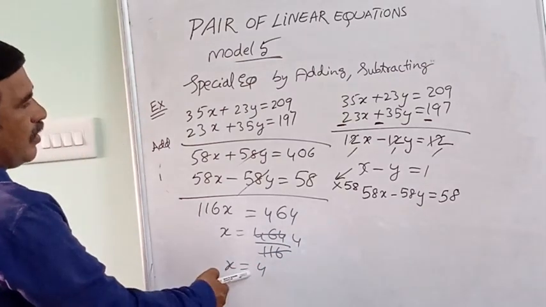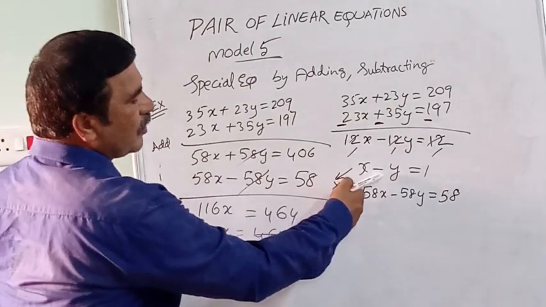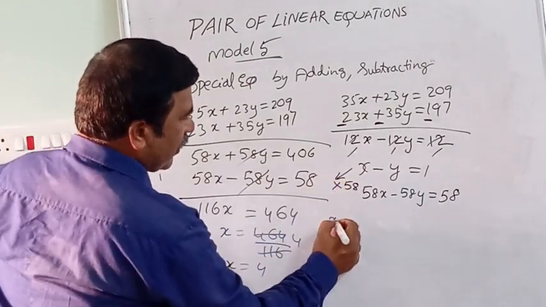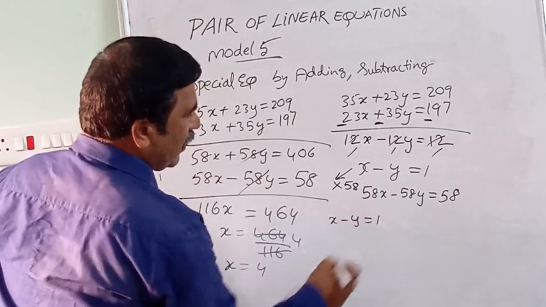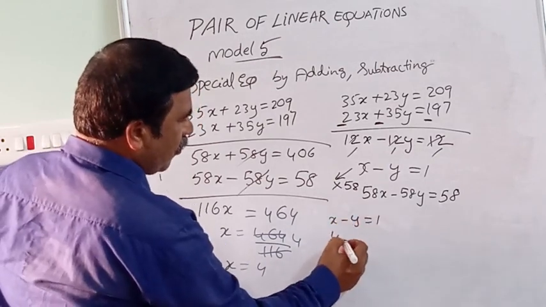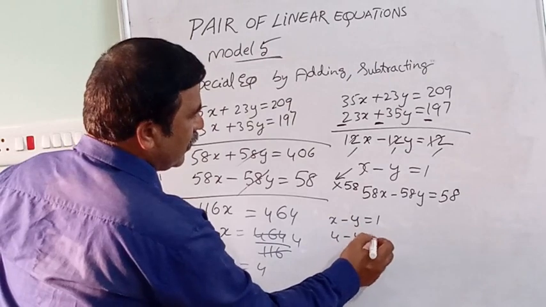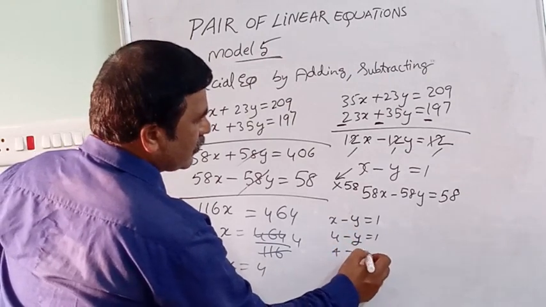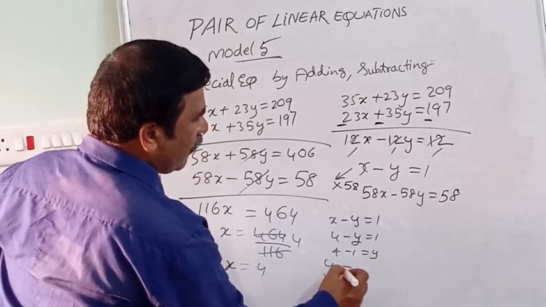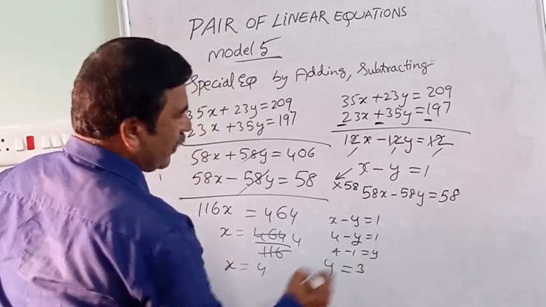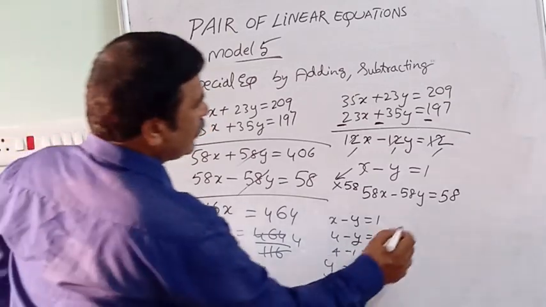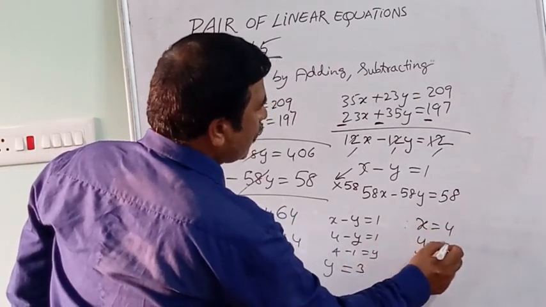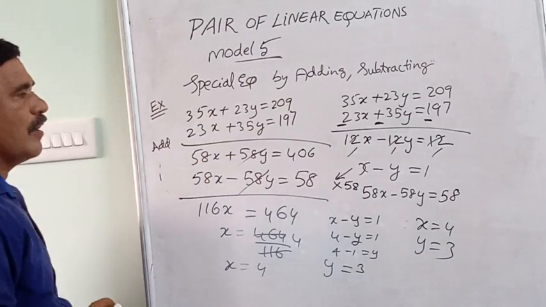This x is equal to 4, you can substitute in this small equation, you will get y. See, x minus y is equal to 1. Then 4 minus y is equal to 1. y send this side, 1 this side. 4 minus 1 is equal to y. y is equal to 3. Therefore, the solution is x is equal to 4, y is equal to 3.